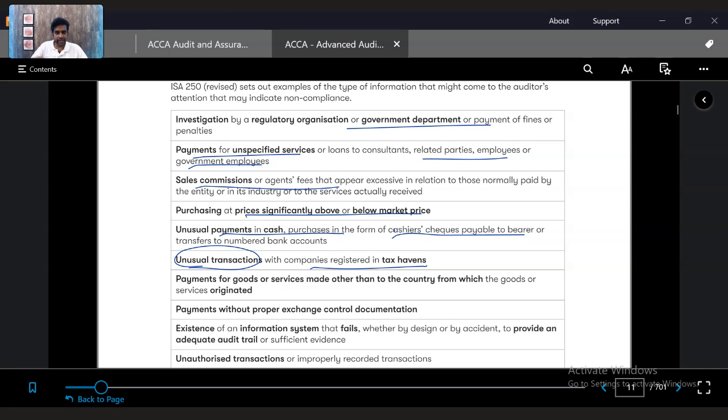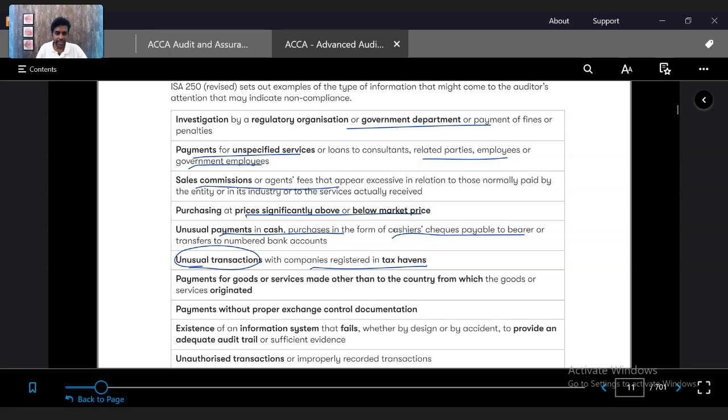Although it is not illegal for companies to have an office, a branch, or even a registered office or parent company in a tax haven. To give you an example, take Apple. You know that Apple's parent company is in a tax haven. If I'm not wrong, it is in Bermuda and the Bahamas. And there are billions of dollars of dividends that this parent company is unable to give to the company in the US.